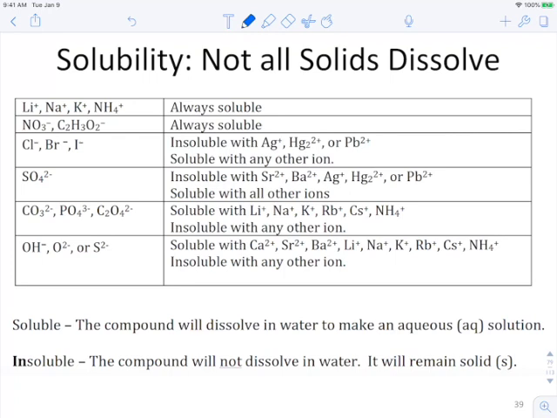All right, so I'm seeing one net ionic equation up there.